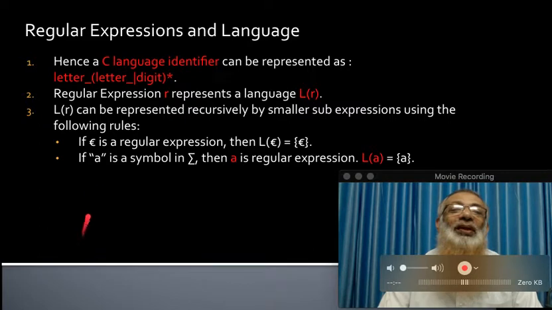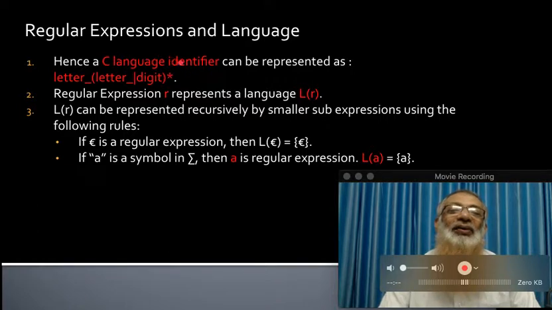For example, let us take a C language identifier. We know that an identifier can be a variable name, it can be a label, it can be the name of a function. So all these come under identifiers.